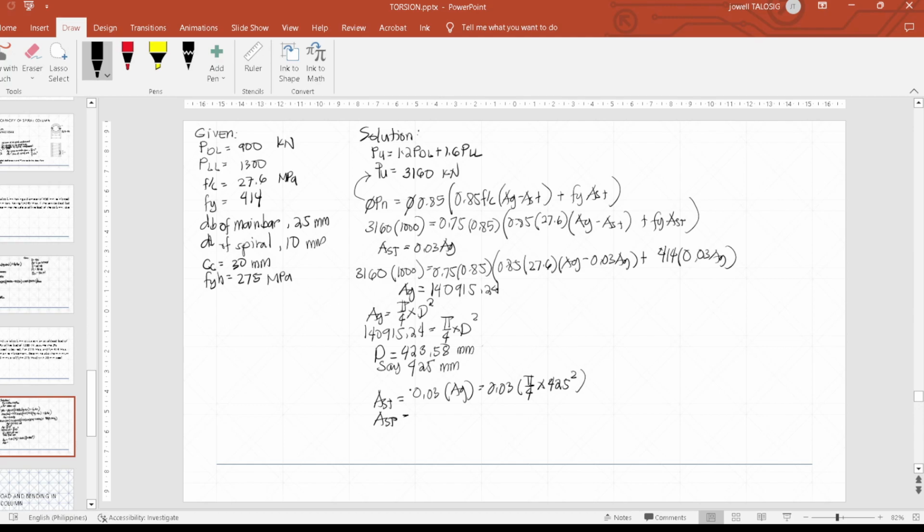So ang lalabas na AST is 4255.89 millimeter square. So for the number of 25 mm bar, AST divided by area of 1 bar, which is 4255.89 divided by pi all over 4 times 10 square. Okay?